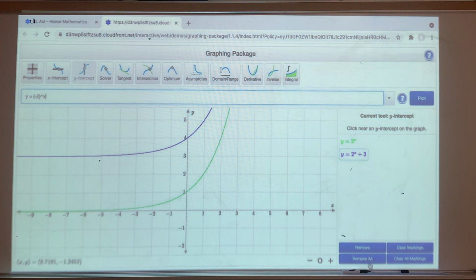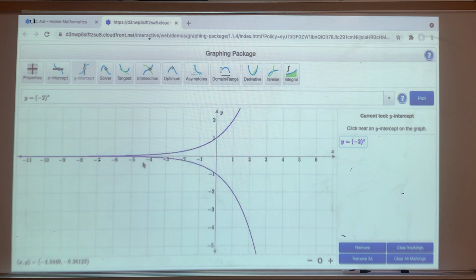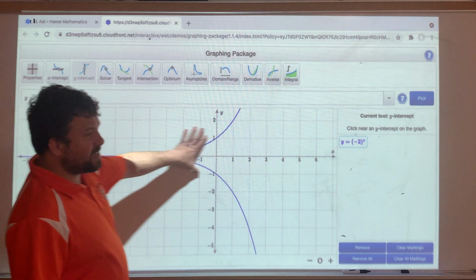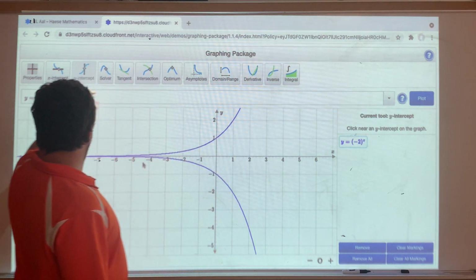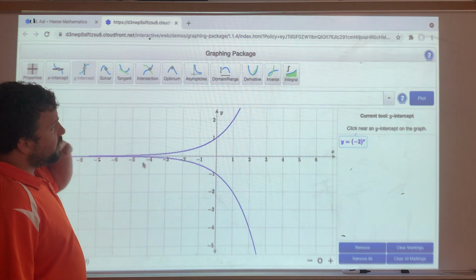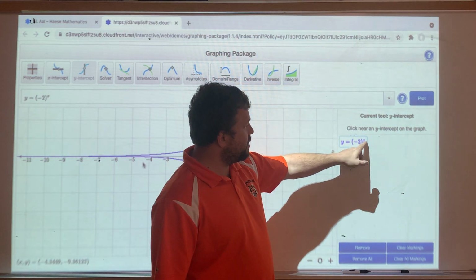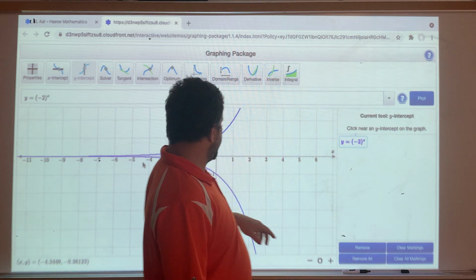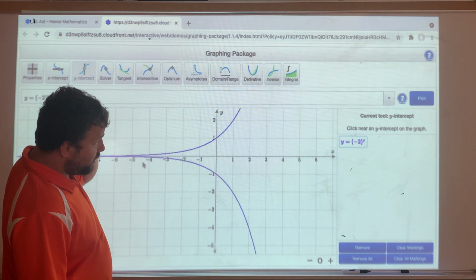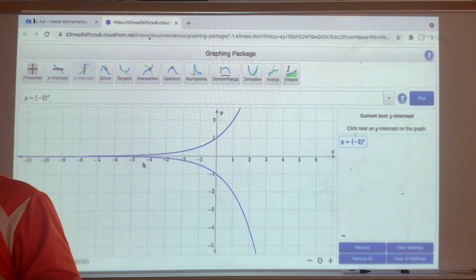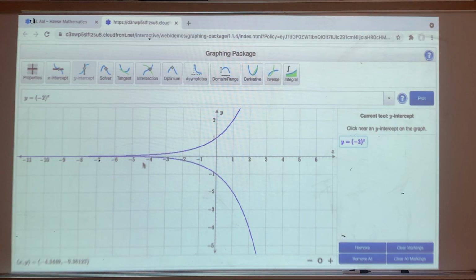Let me just remove all this stuff real quick. You would enter it, and look at it. Look what negative 2 to the x looks like. It's actually a double graph, which we really can't use. That's why the base is never negative. Because when you raise this to a power, negative 2 squared is 4. So depending on what you're raising this to, it's going to pretty much mess everything up.